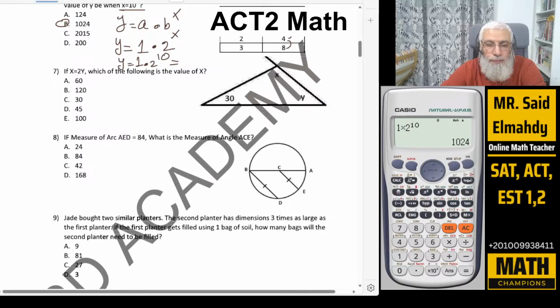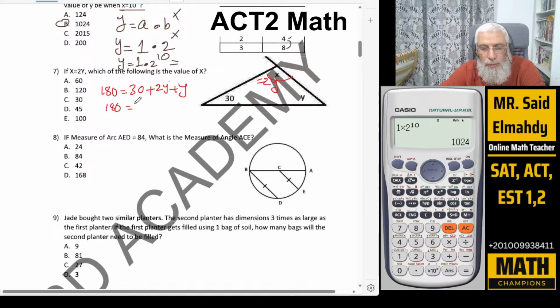Question number 7. If x equals 2y, which of the following is the value of x? So x equals 2y. The triangle is 180 degrees, equals 30 plus 2y plus y.